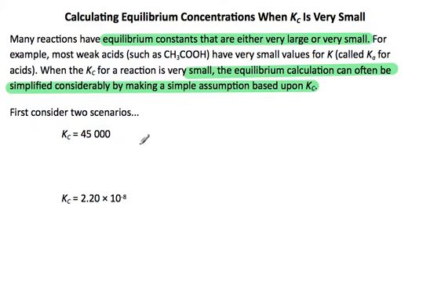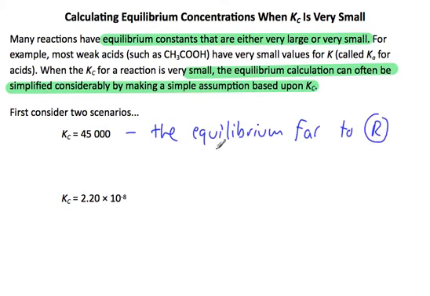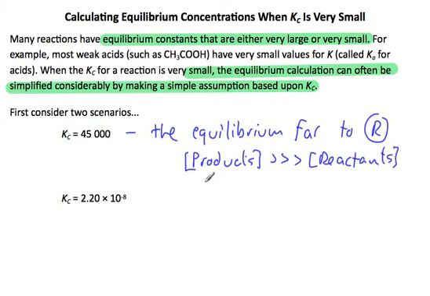So here's Kc equals 4,500. So in terms of position, the equilibrium lies far to the right. Right? Very large equilibrium, so the concentration of products greatly exceeds the concentration of reactants. Okay, so that's one particular scenario. What if the value of Kc is 2.2 times 10 to the minus 8? So that's a really small value.